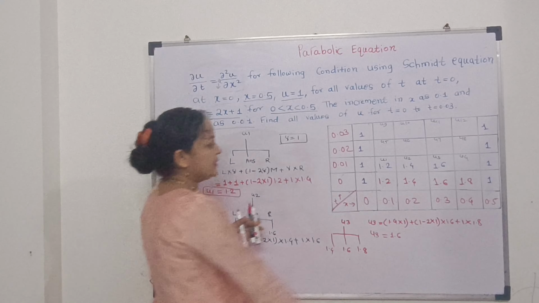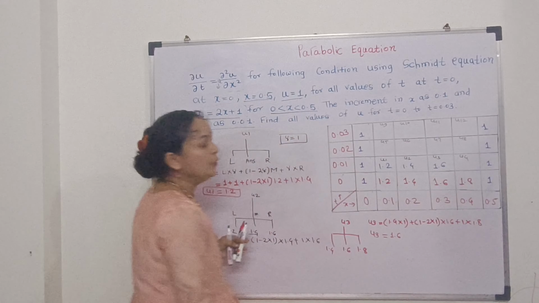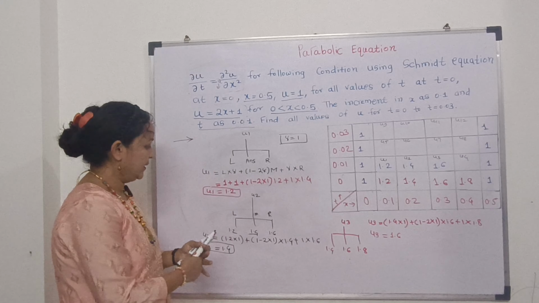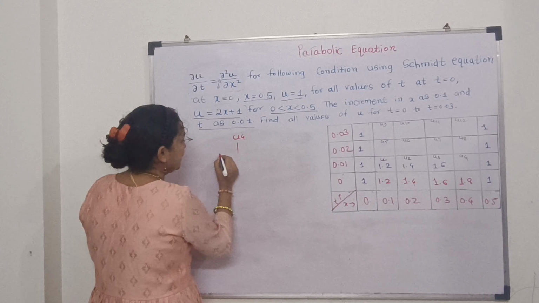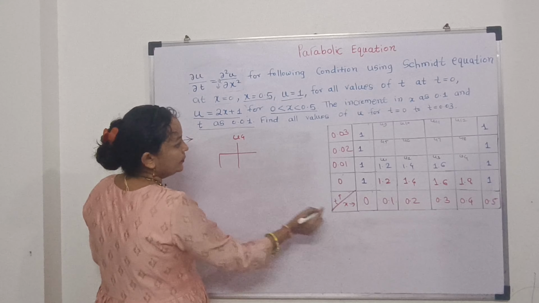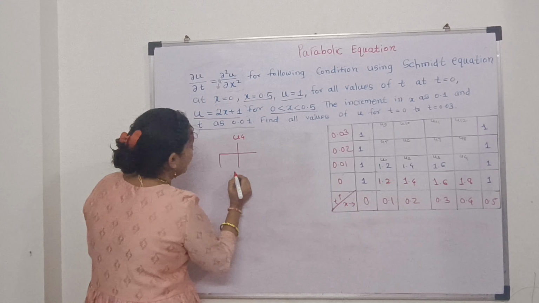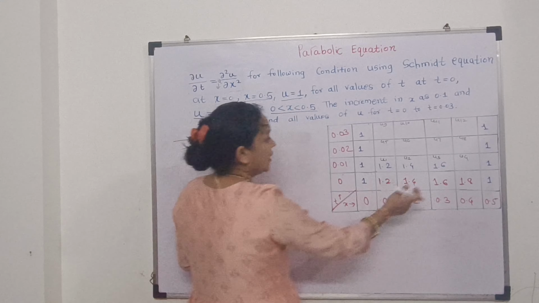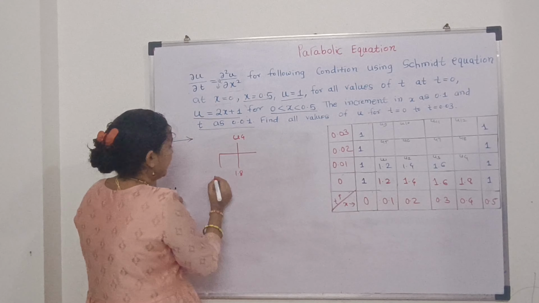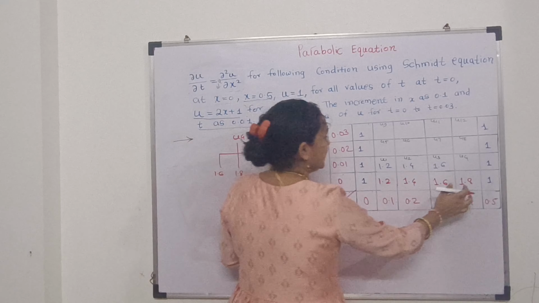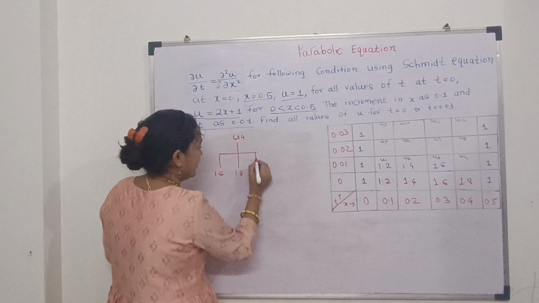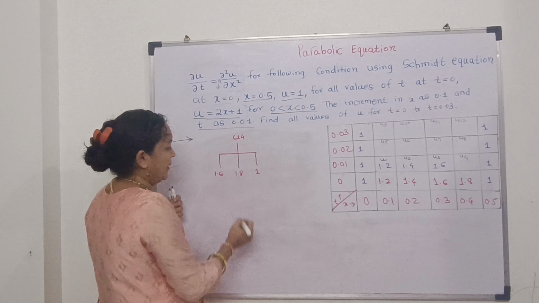In the same manner we are supposed to calculate u4. The middle value of u4 is 1.8, the left hand side value is 1.6 and the right hand side value is 1.